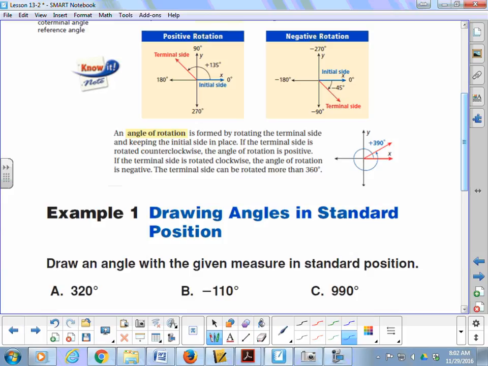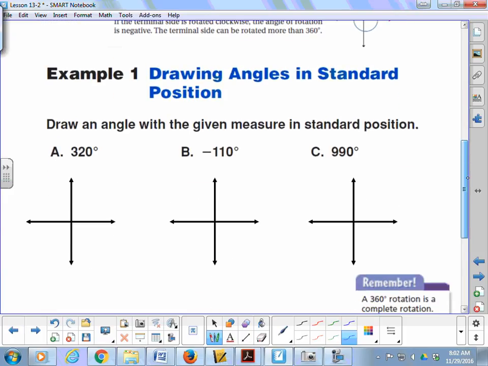But we still only show the initial side on the positive x-axis and then the terminal side. But we have to show all the rotation, so it could go around more than once, right? For angles that are bigger than 360 or angles that are less than negative 360 degrees. Okay? So the first thing we're going to do is draw angles in standard position.